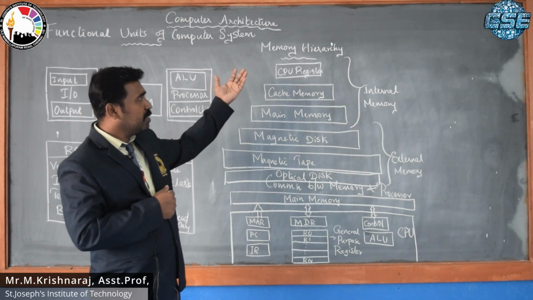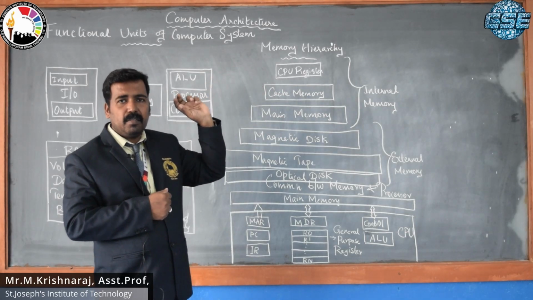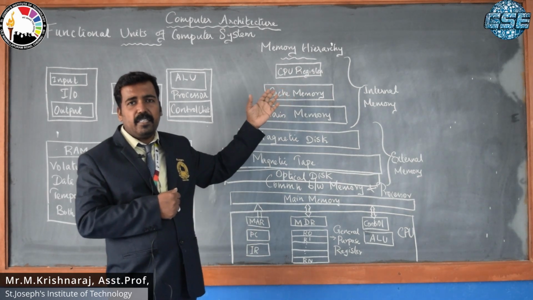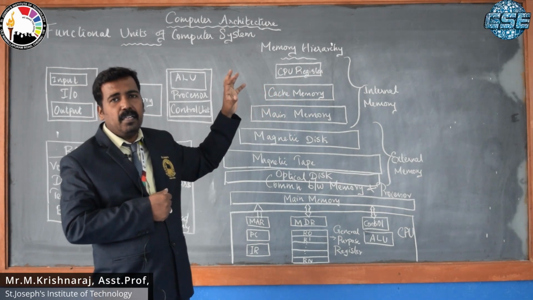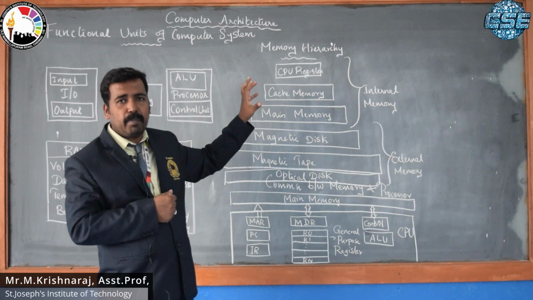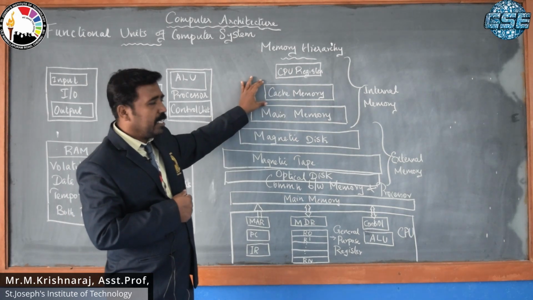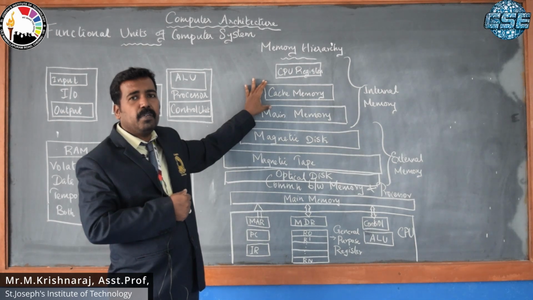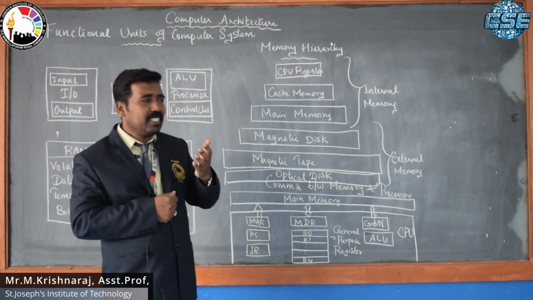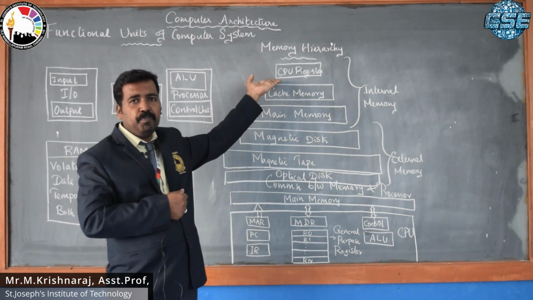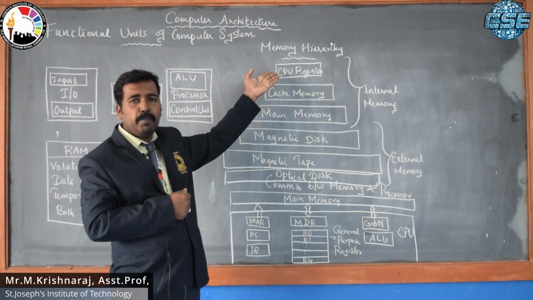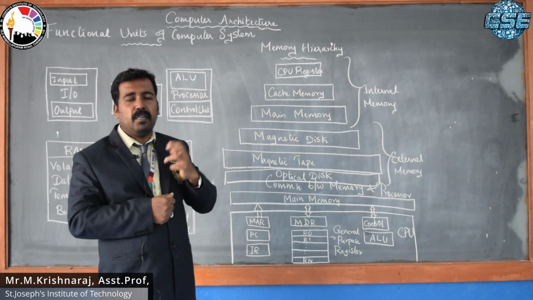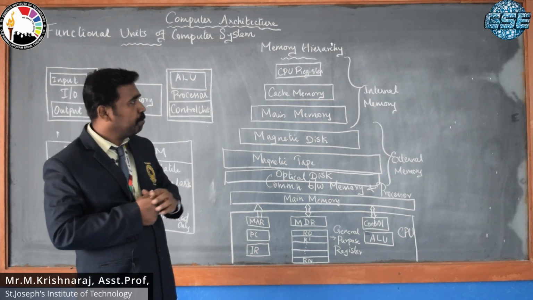When you take a CPU register, it is a kind of very high speed memory which is available inside the CPU, inside the microprocessor itself. Cache memory is another memory which is capable of forwarding the instructions received from main memory to the CPU. The CPU is very high speed and is capable of executing millions of instructions per second.